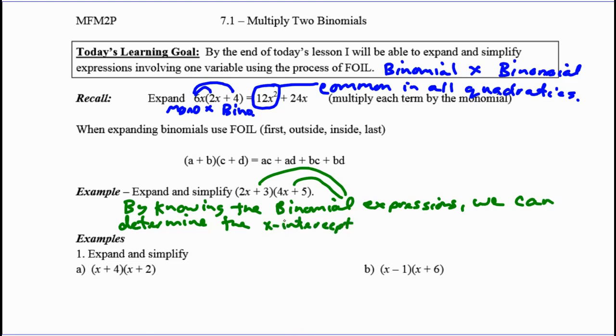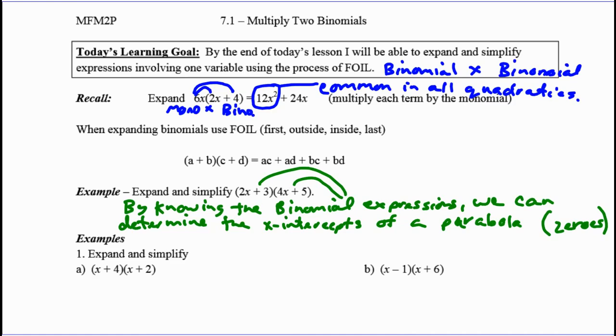Remember what the x-intercepts of a parabola were from last unit, right? The zeros. And we knew it was good to know the zeros because we would know how to graph it. We would know when the ball left the ground or when the ball hit the ground. So that's ultimately why we work with binomials, because what's in the brackets actually helps us find the x-intercepts.